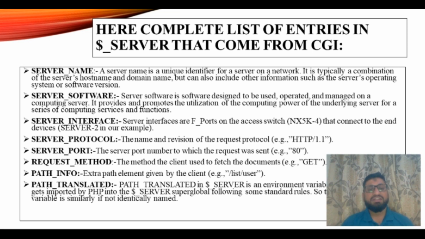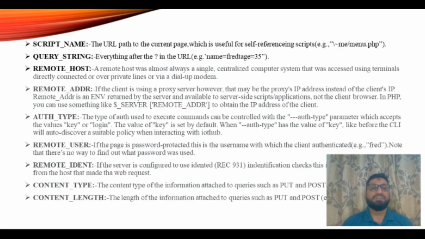Request method, the method the client used to fetch the document, for example GET or POST method that we have studied in PHP. Path info, extra path elements given by the client, for example list, user, etc. Path translated is a $_SERVER environment variable which gets imported by PHP into the $_SERVER super global following some standard rules, so the variable is similarly if not identically named.